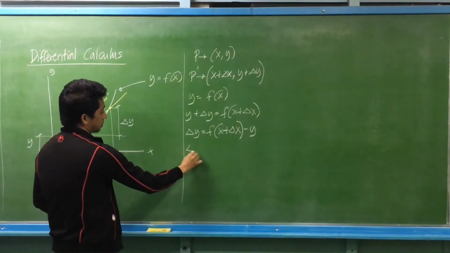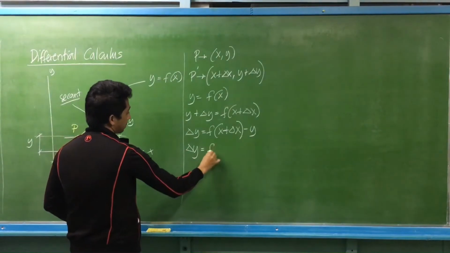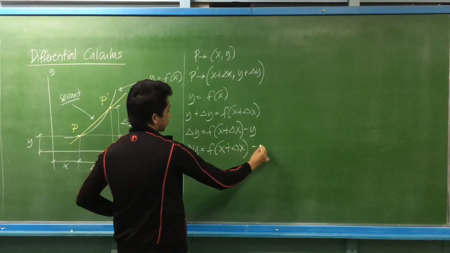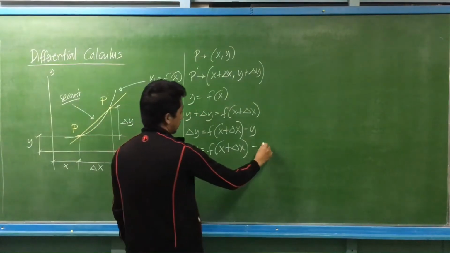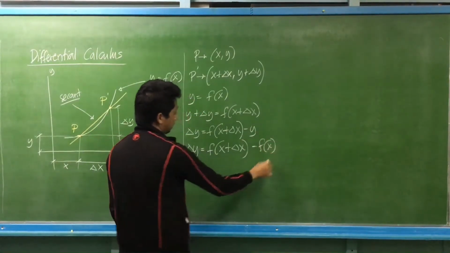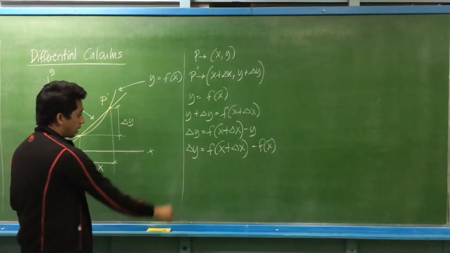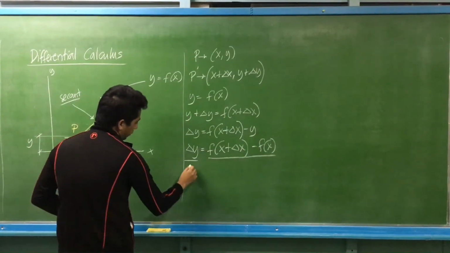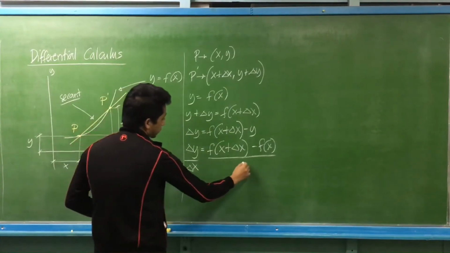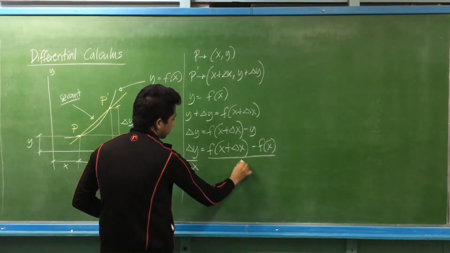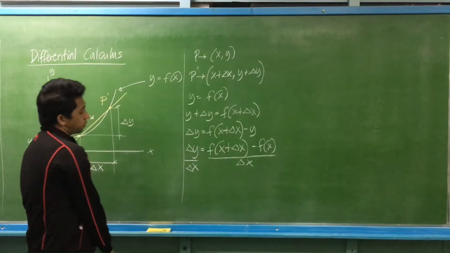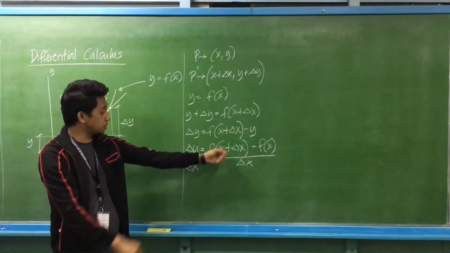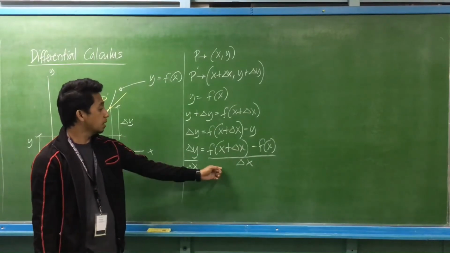Then delta y is now equal to f of x plus delta x minus the initial y, which is the function of x, f of x. Now we are to divide all terms by delta x. So we have delta y over delta x is equal to f of x plus delta x minus f of x, all over delta x.